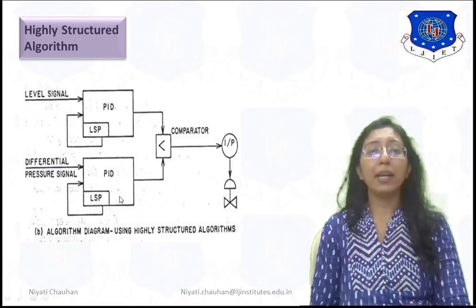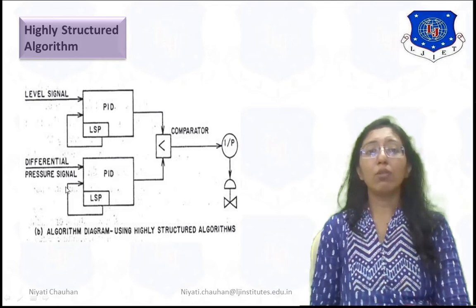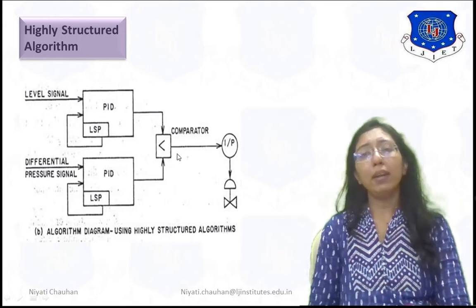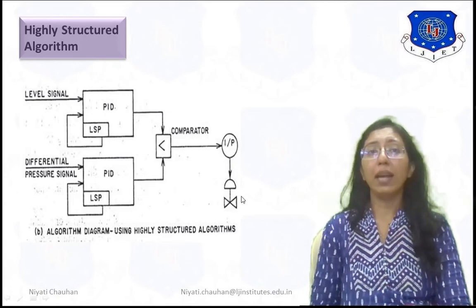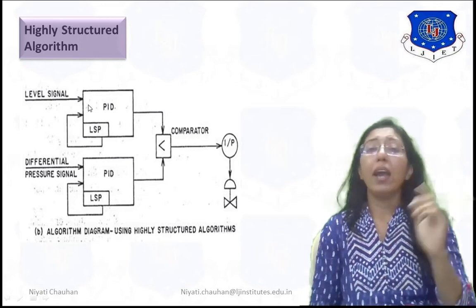Then another PID is connected with the differential pressure signal, and here also low set point. Both signals go to the comparator, and through the comparator the signal is sent to the input of the control valve. So this is a highly structured algorithm.